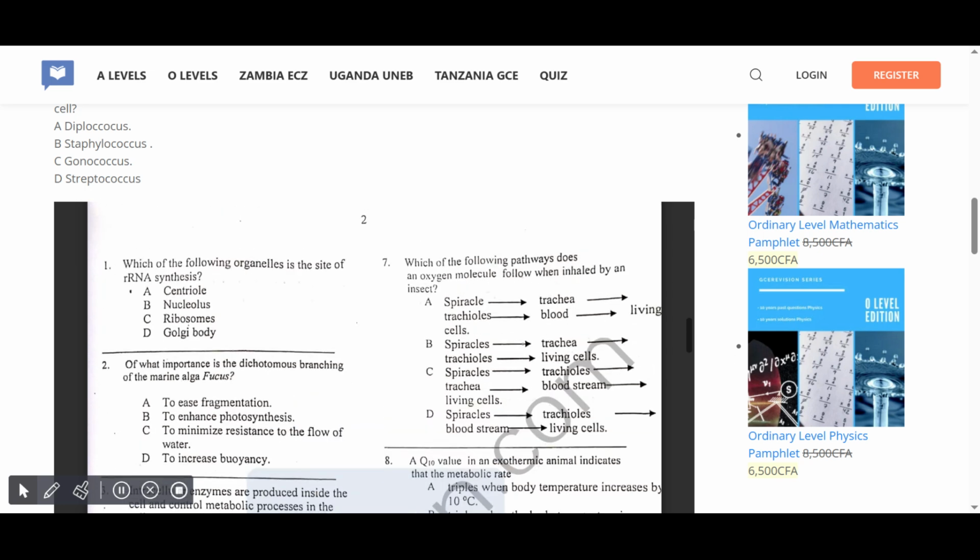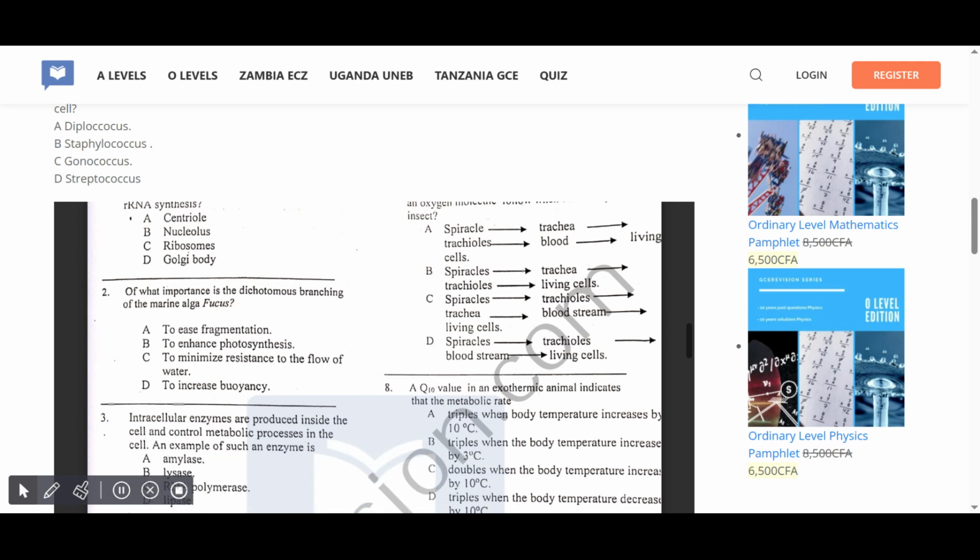Question 7. Which of the following pathways does an oxygen molecule follow when inhaled by an insect? The answer is B, spiracle and trachea. Spiracle, trachea, tracheoles and living cells.